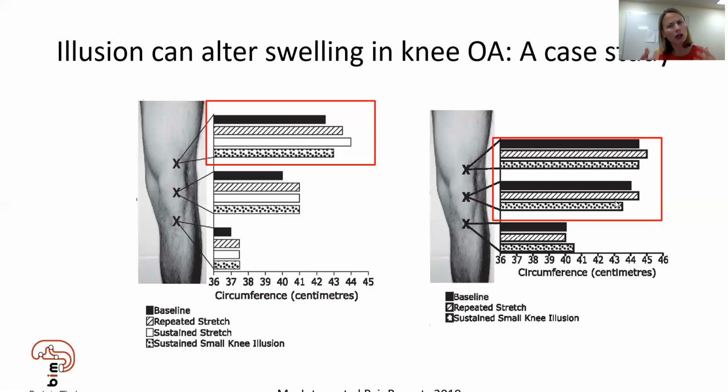So this is quite cool, because it suggests that not only are there these innate sensory processes that seem to modulate pain, but they also seem to modulate our physiological regulation of that body part, the swelling that is induced or reduced based on the condition. So to me, what this highlights is that there could be quite significant potential in some of these things that we may not have realized.